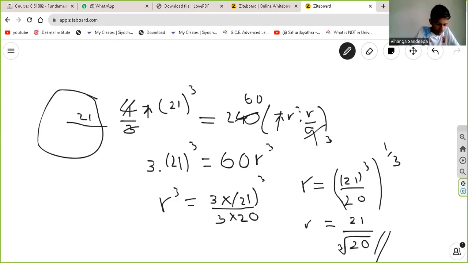Using a logarithm table, find the value of r to the correct decimal value. You can find it. So students, according to the unit volume and measurements, it means the volume of the objects and the relevant equations.